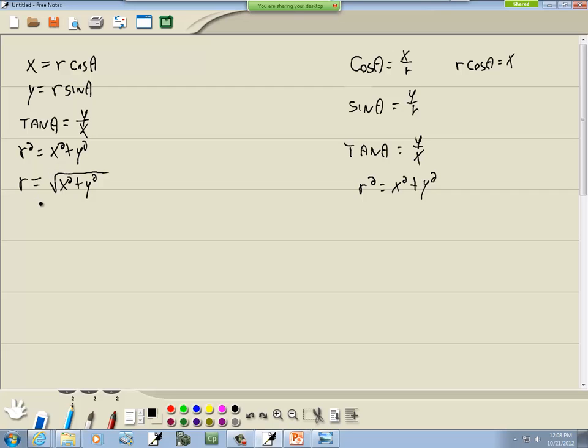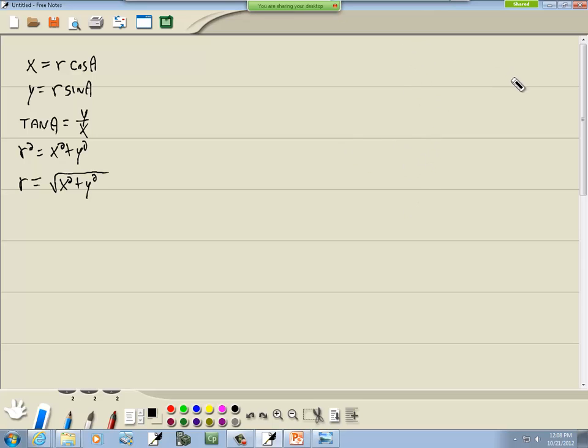Now we know we can put r as negative, but we can treat it as always positive. Let me erase all those now. There we go. So those formulas we're going to be using.